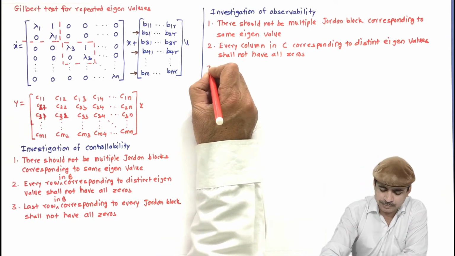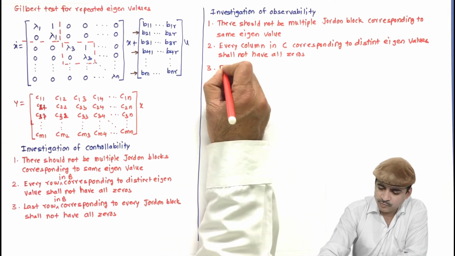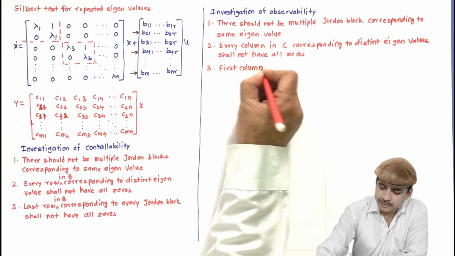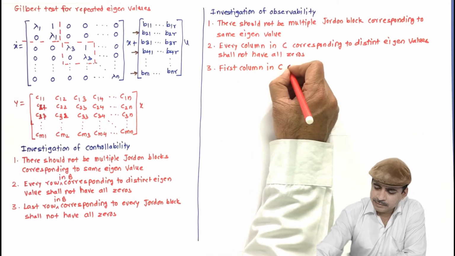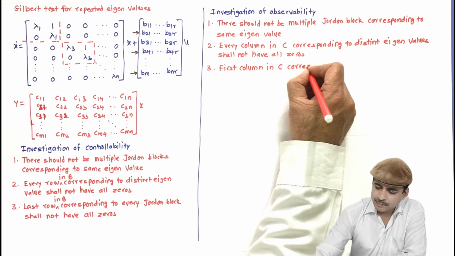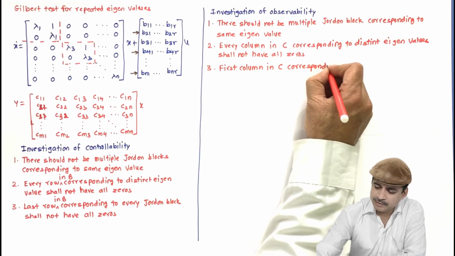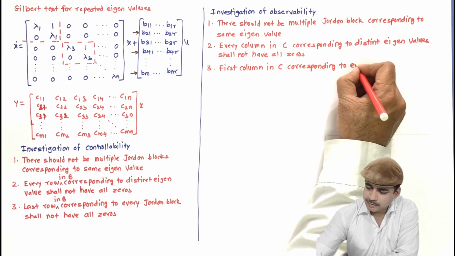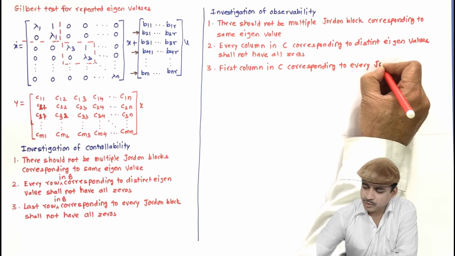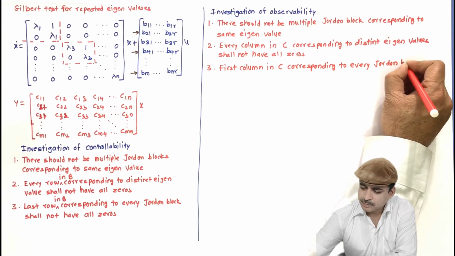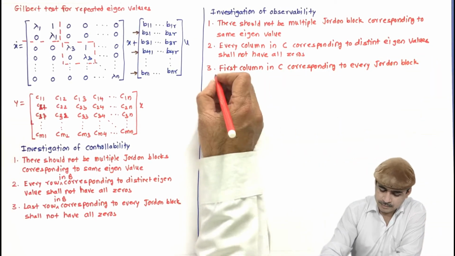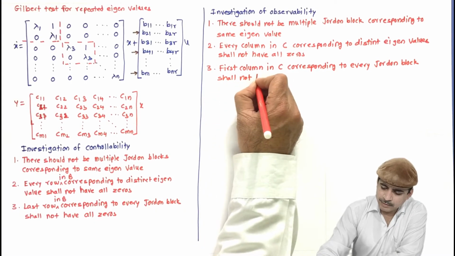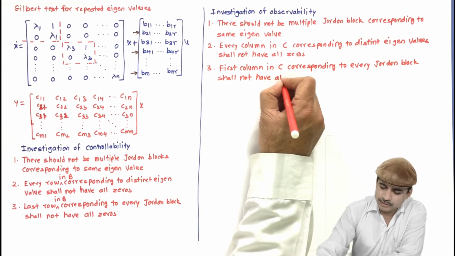And then the third one, the first column in matrix C corresponding to every Jordan block shall not have all zeros.